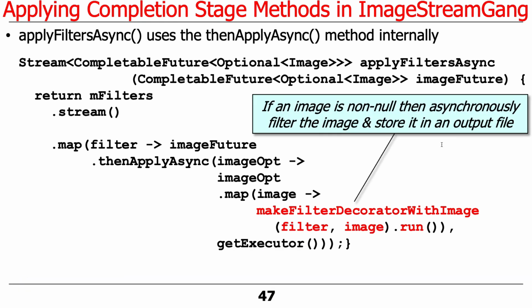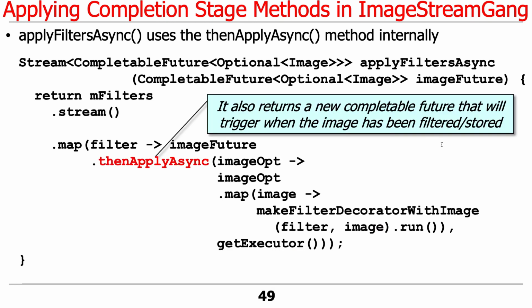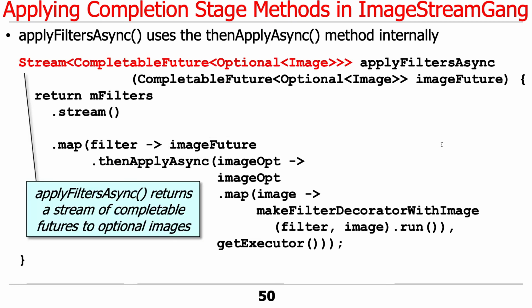But it only does that if there's a valid image. And then applyAsync returns a new completable future that will trigger when the image has been filtered and stored. So when all that processing is done, that completable future will be triggered.